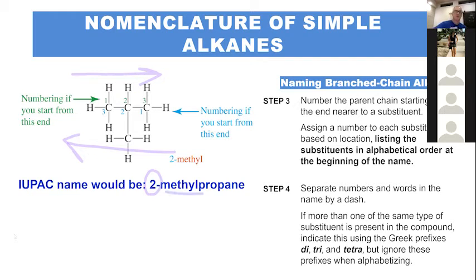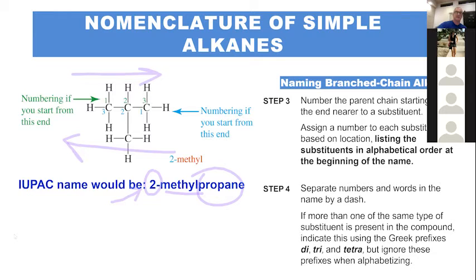What is the substitution? It's a methyl group. And what is the longest chain? 3. So it's propane. Now, you don't have to include the 2, because in this particular instance, the 2 is the only place the substitution could be.